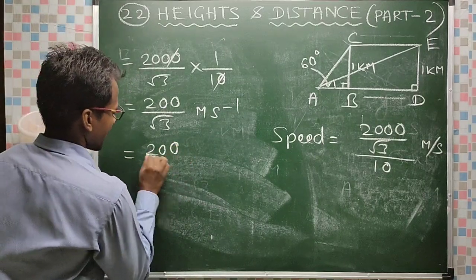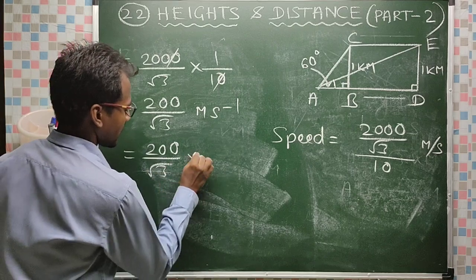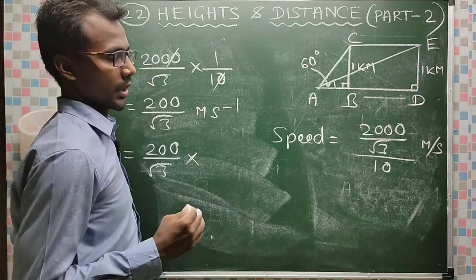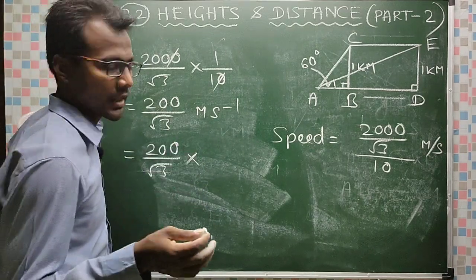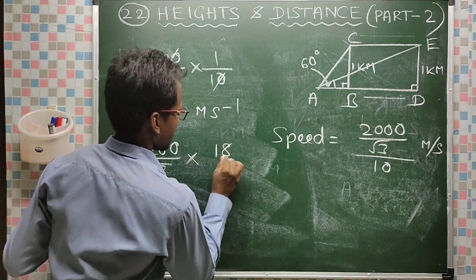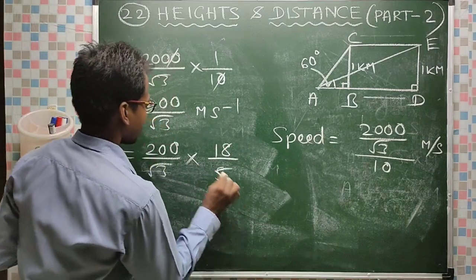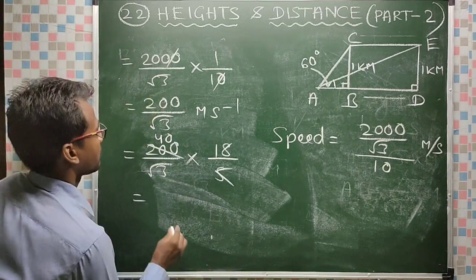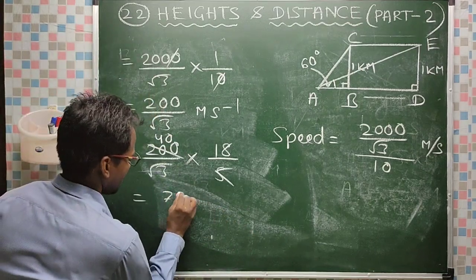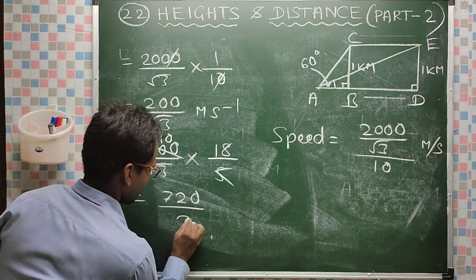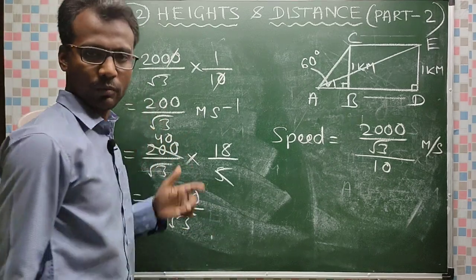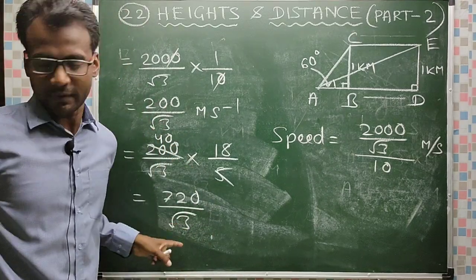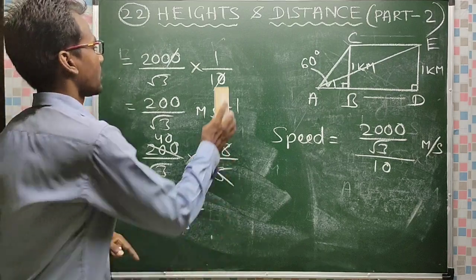So 200 by root 3 into, if you want to convert meter per second to kilometer per hour, then you have to multiply by 18 by 5. 18 by 5. So 5 into 40 is 200. So 720 by root 3 kilometers per hour. But you have to find exact value. So root 3 you have to rationalize here.